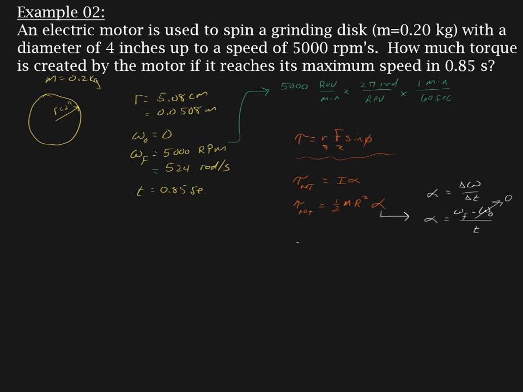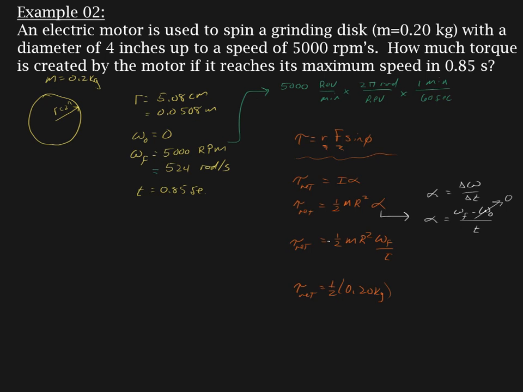So we get tau net is equal to 1/2 mr squared times omega final over t, and that's what represents alpha. So now let's put in our values. So we get tau net is equal to 1/2 times the mass of our disk is 0.20 kilograms.